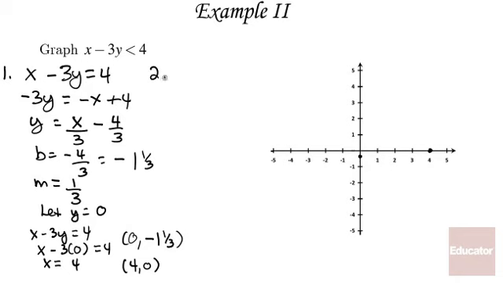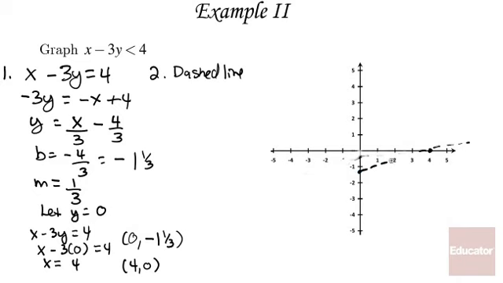My second step is to say that this is a dashed line. It is a strict inequality, which means that the points on the line are not part of the solution set. Okay, so I have a line, and that is actually negative 1 and 1/3 right here.